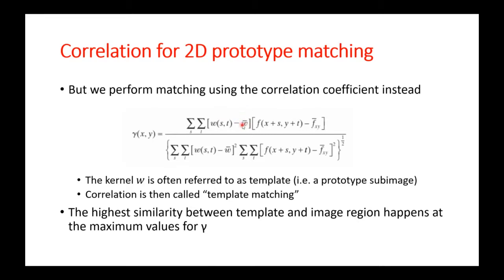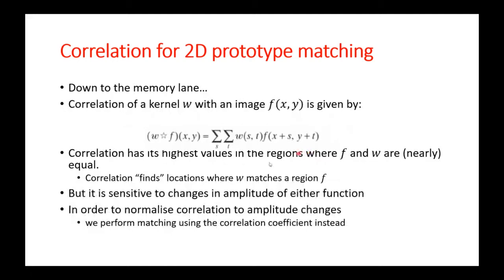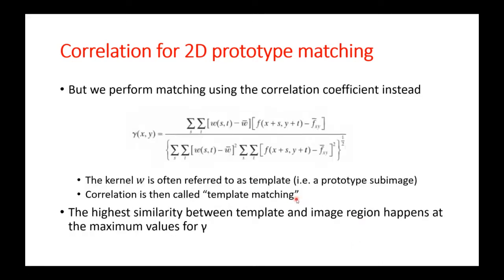That's the mean value of the kernel, and that is the region where I'm passing the correlation in the image minus the mean value of this image. So why am I subtracting the mean values? Because I want to normalize in terms of amplitude changes. So I want to have the kernel and the function as independent of the amplitudes, and this is all normalized so that the kernel is not biased, right?